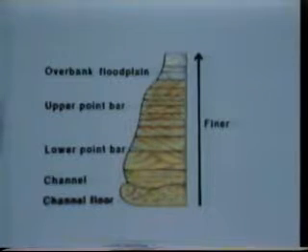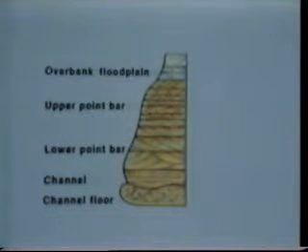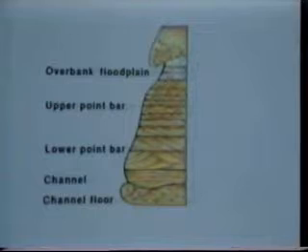As with braided stream deposits, the total thickness of each cycle will be equal to the greatest water depth during flood stage. For meandering streams, this is generally in the range of 2 to 15 meters. But cycles are commonly repeated and truncated as channel meanders continually migrate, cutting into floodplain muds.